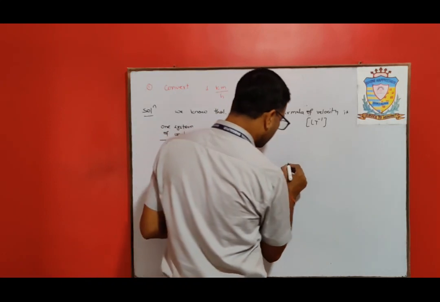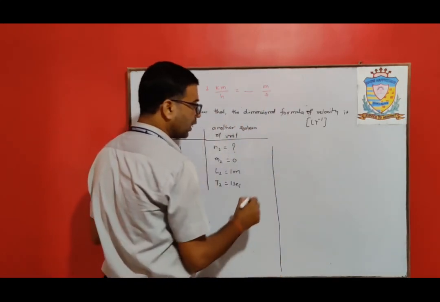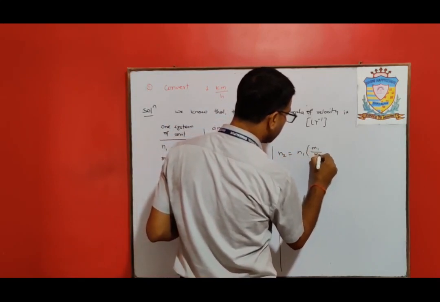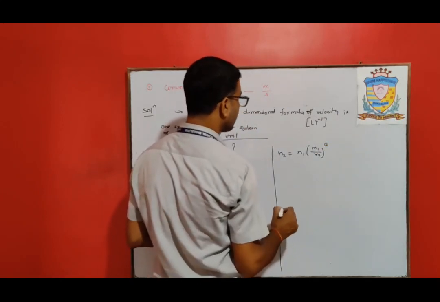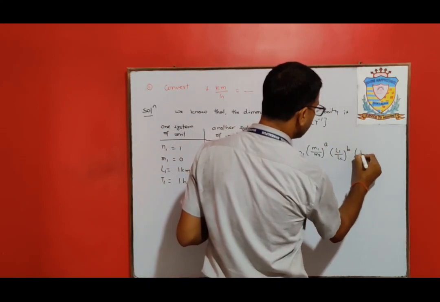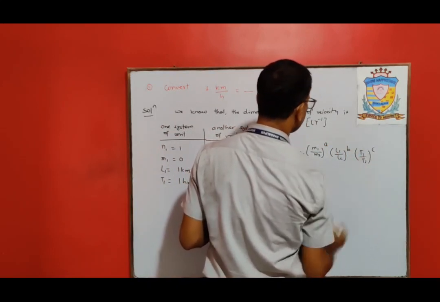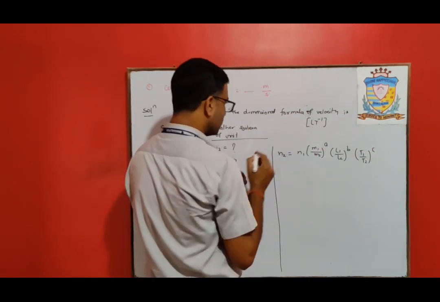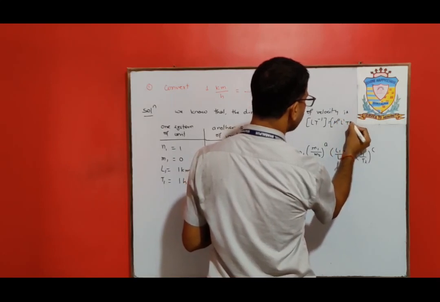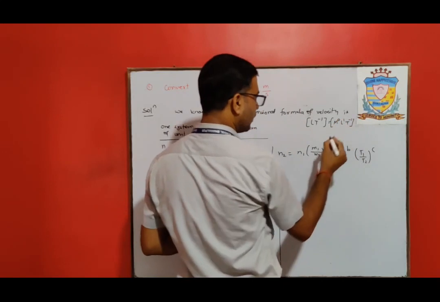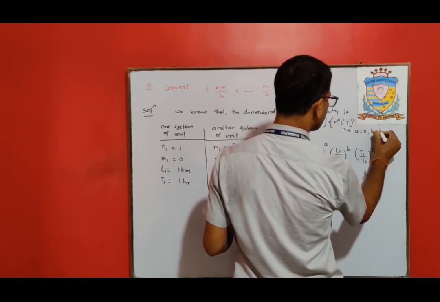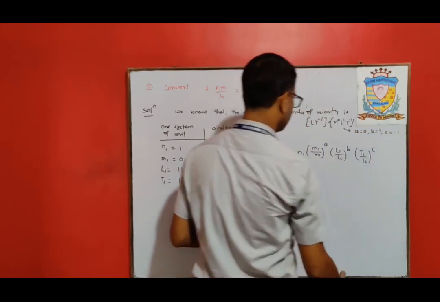So we know that the formula for n2 is equal to n1 into m1 upon m2 whole to the power a, L1 upon L2 whole to the power b, and T1 upon T2 raised to the power c. This can also be written as M0 L1 T minus 1. So from here you can see the value of a equals 0, the value of b equals 1, and the value of c equals minus 1.